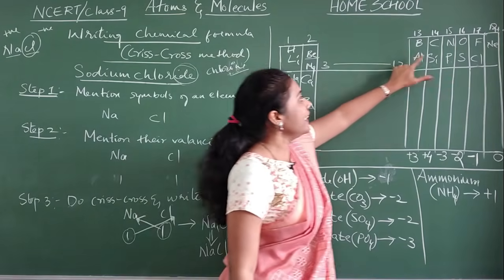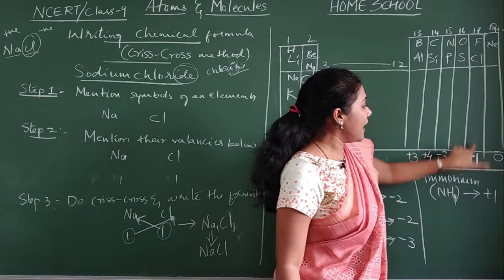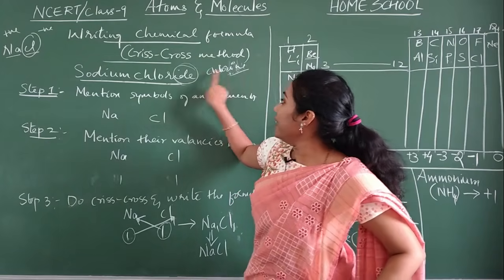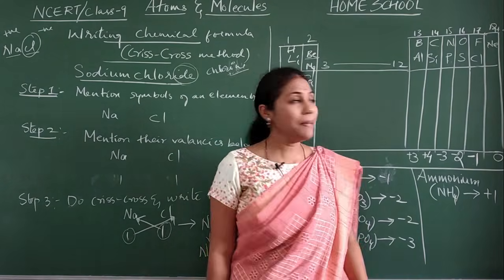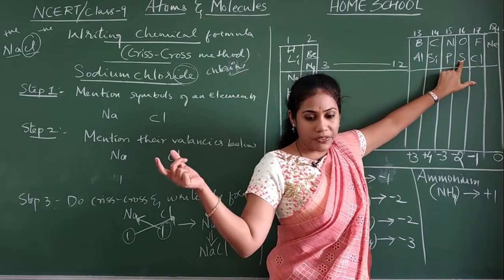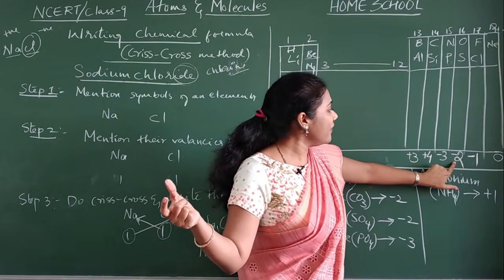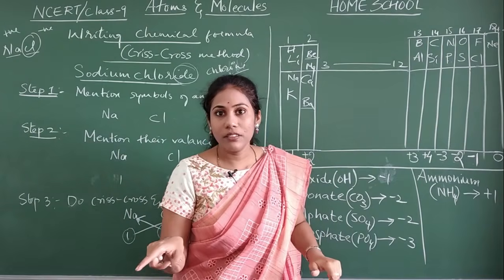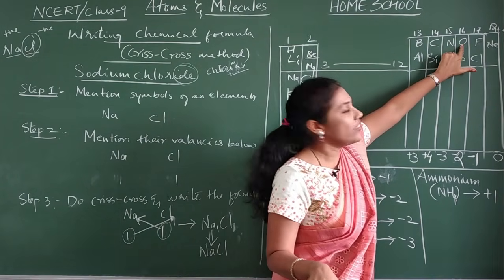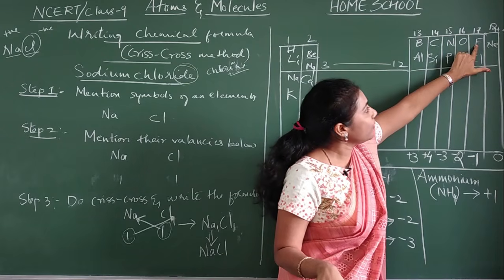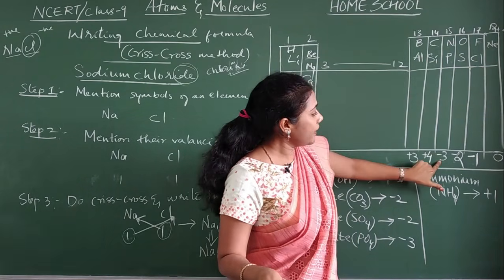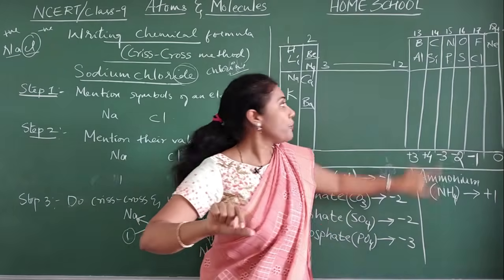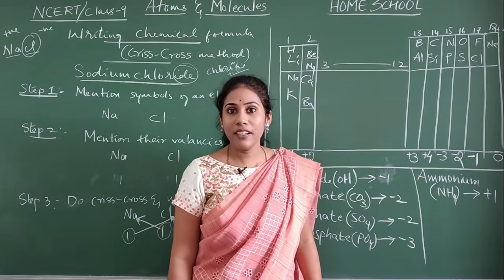So chlorine, if it is present in a compound, has a negative valency, so instead of chlorine we will write chloride. Similarly, sulfur, since it also has a negative valency, we don't write sulfur, we write sulfide. Oxygen, oxide. Fluorine, fluoride. Nitrogen also has a negative valency, so its name will be nitride. Phosphorus, phosphide. Got it?